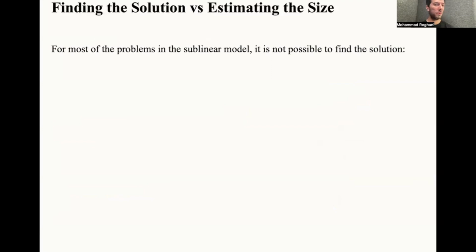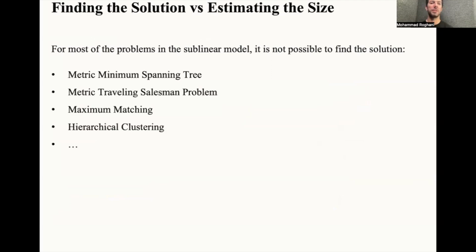For many of the problems in the sublinear model, it's hard to find the actual solution. For example, consider problems such as metric minimum spanning tree, metric traveling salesman problem, maximum matching, hierarchical clustering, and many more. It's hard to output the whole solution. For maximum matching, it's not possible to output the edges of an approximate maximum matching, but it's possible to estimate the cost of the solution.